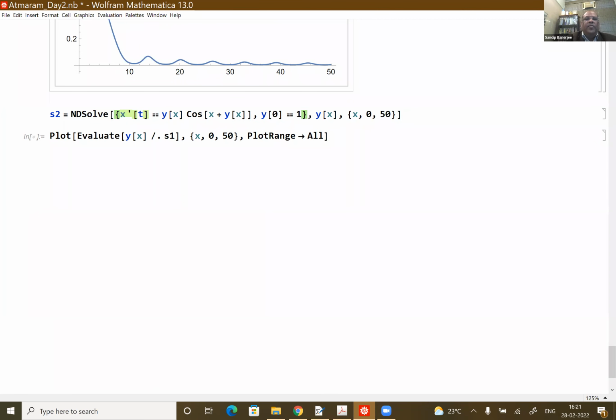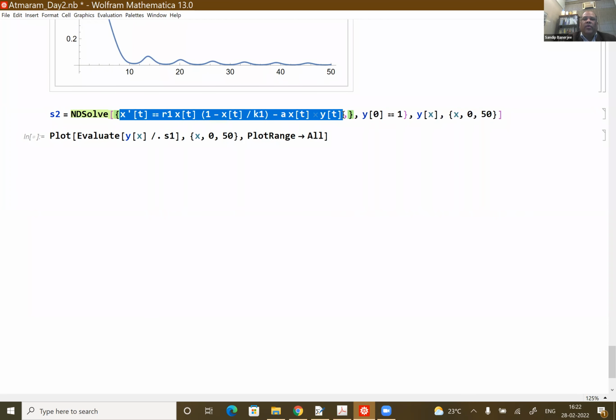So x'[t] is equal to R1 x[t]... R1, K1, and A are the parameters.